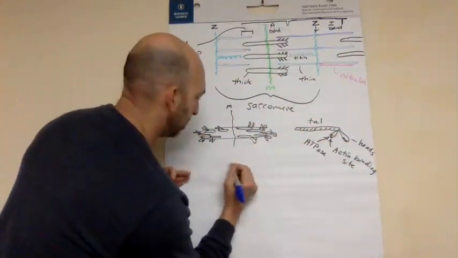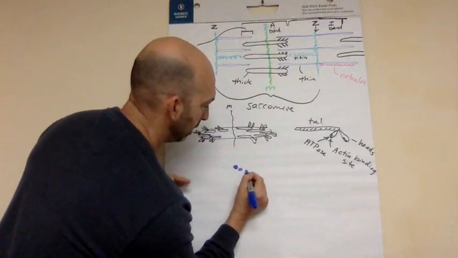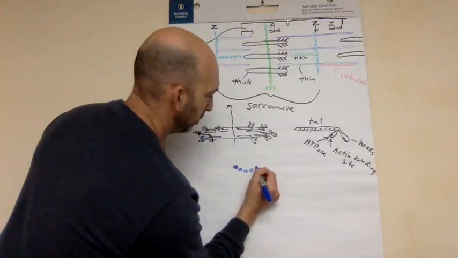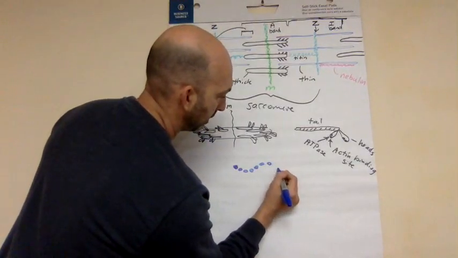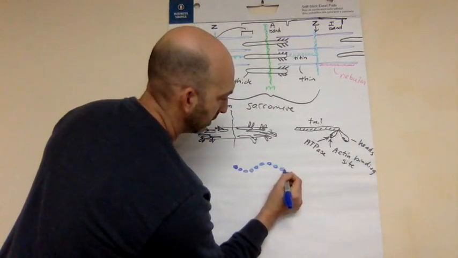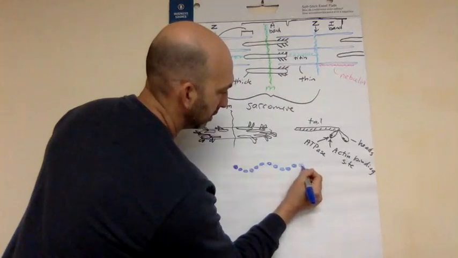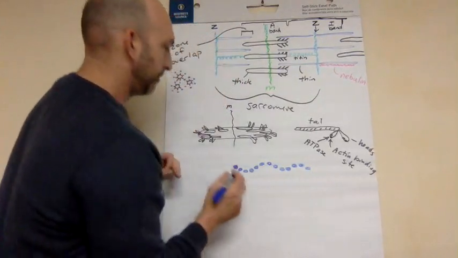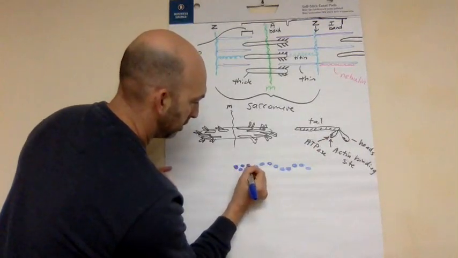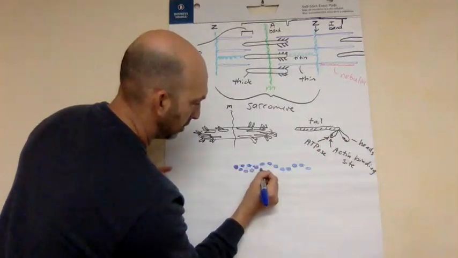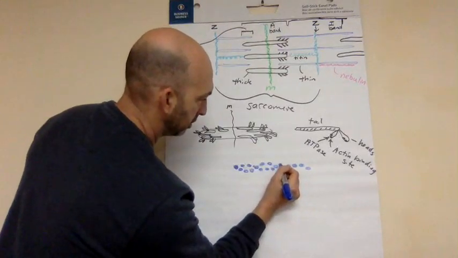And so you end up with these monomers, the blue dots here, sort of twisted around one another. And so that would be one strand. The other strand, twisted around this one, crossing over.